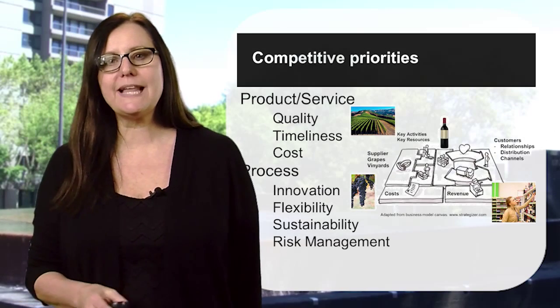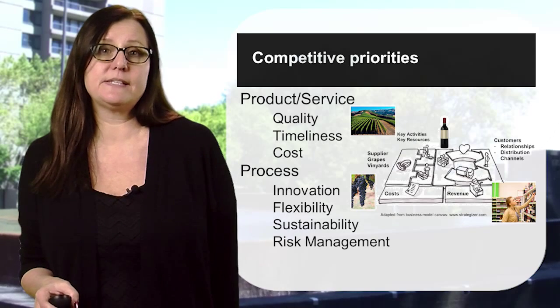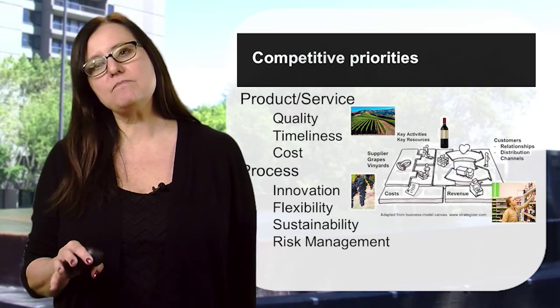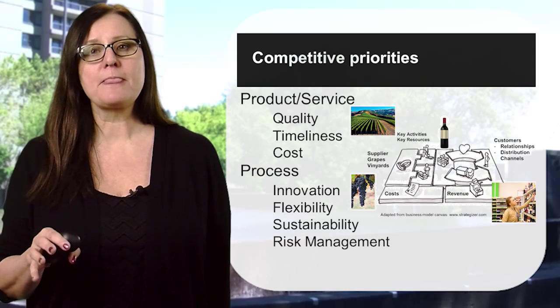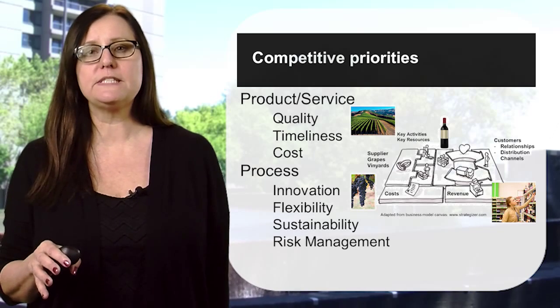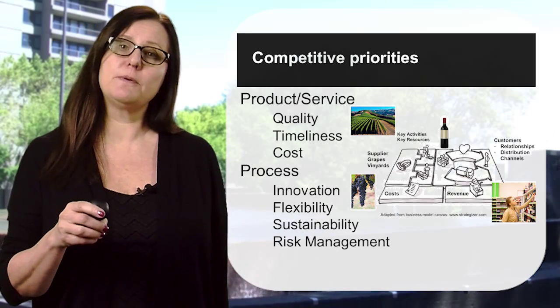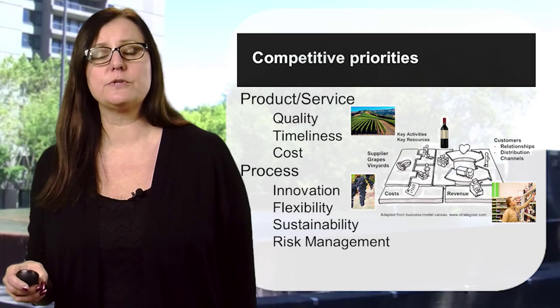All right, so let's delve a little bit deeper and apply it to a case study. Competitive priorities. You might recall this slide from the introduction, but this would be all of the different processes to get a bottle of wine from growing the grapes to your customer so they can buy it in the grocery store.